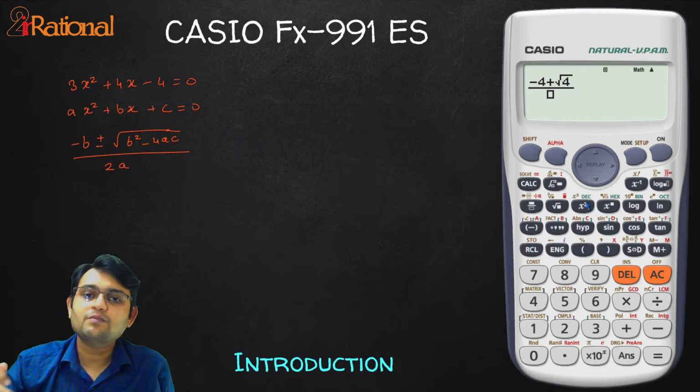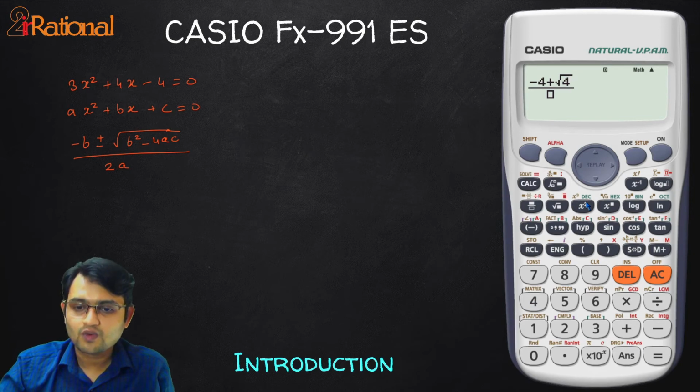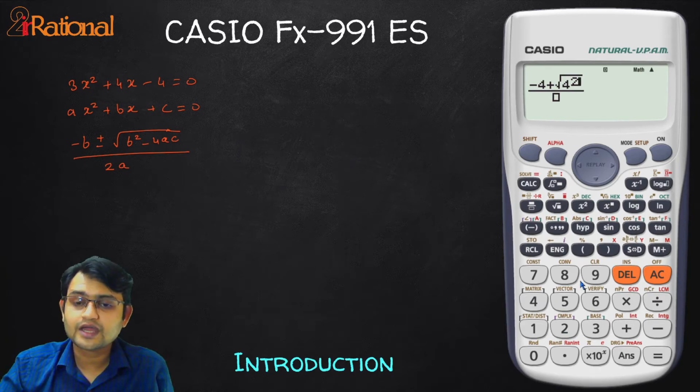Now if I wanted a more complex power, I can use this x raised to box button. If I press that x raised to box button, you can see I will get a box in the power. Here I just want a square, I will just put 2, and now I have finished with whatever I needed to write in my power.